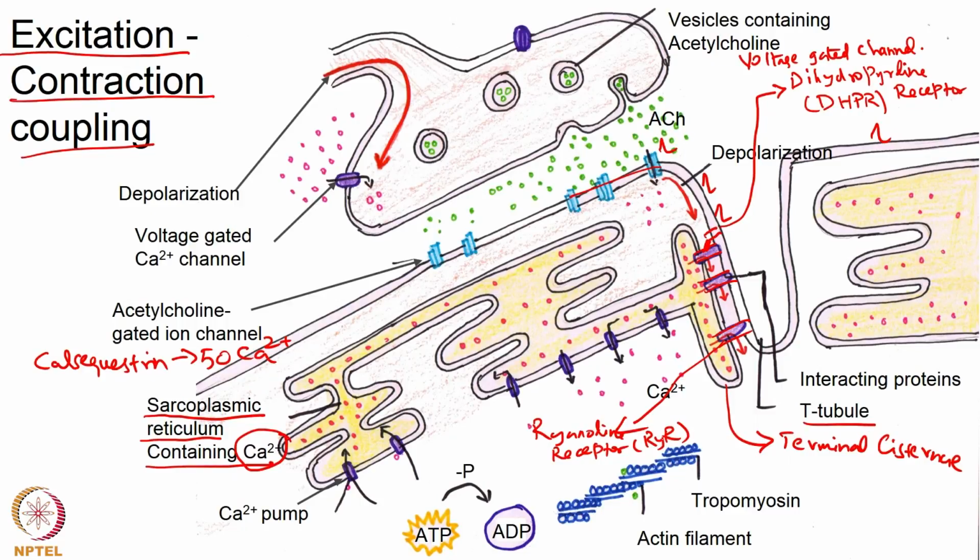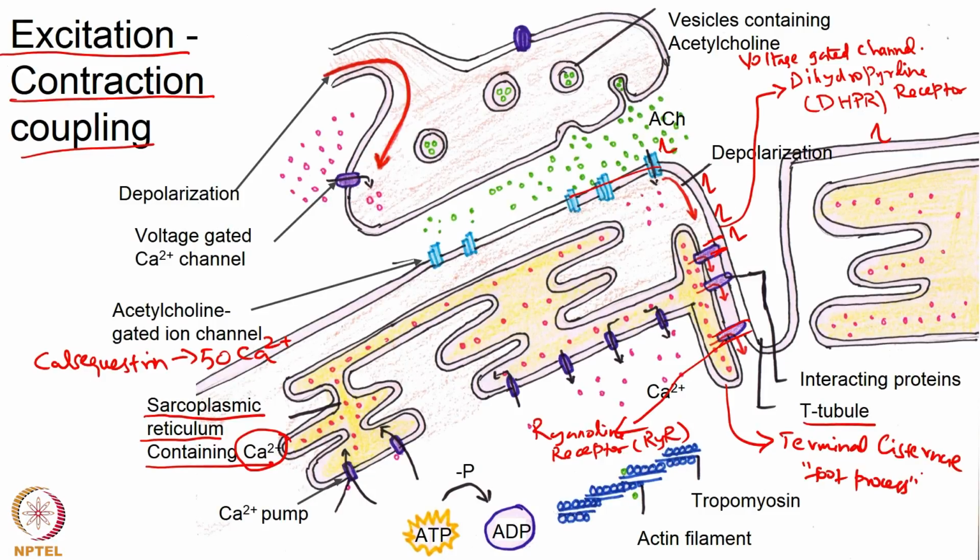So, these ryanodine receptors interact with the DHPR receptors. It turns out that whenever the DHPR receptor opens, it undergoes a conformational change, and through what are called foot processes, the foot process of the DHPR receptor opens the ryanodine receptor.